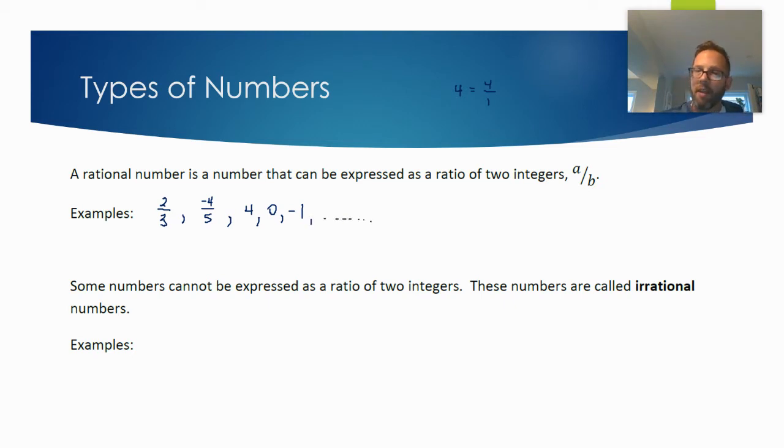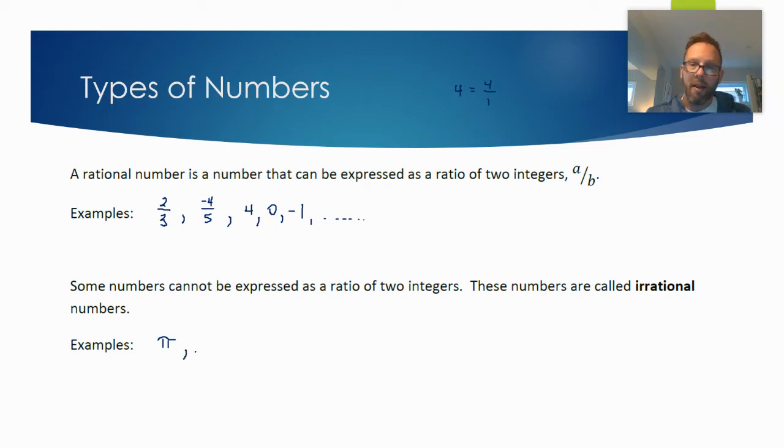But some numbers can't be expressed as a ratio of two integers. These numbers are called irrational numbers. You guys have experience working with irrational numbers. A very famous one is the number pi, 3.14159, et cetera, et cetera. That number can't be written as an integer over another integer.